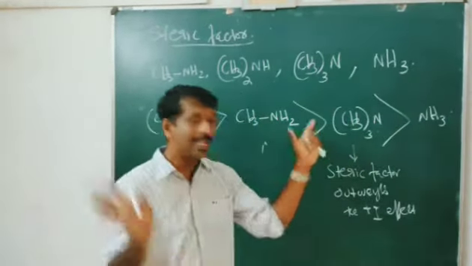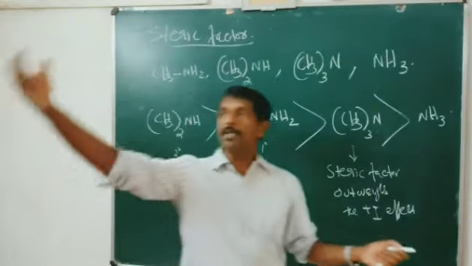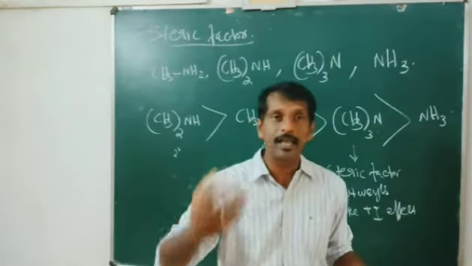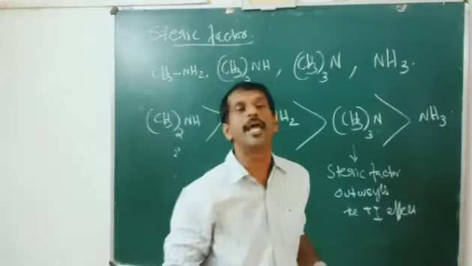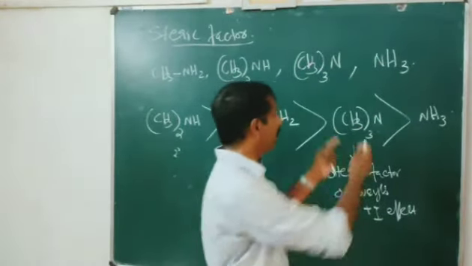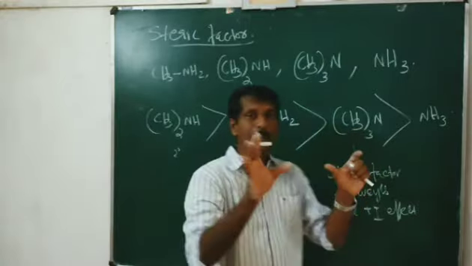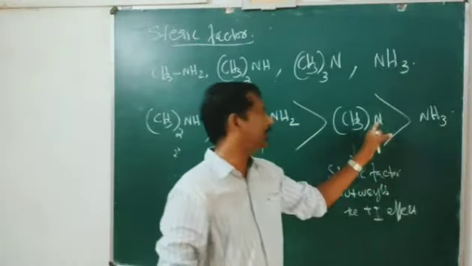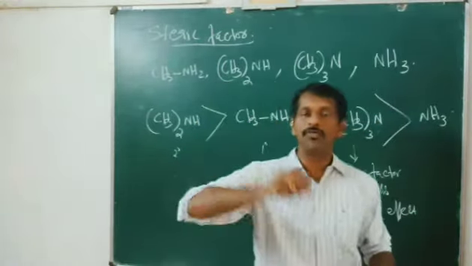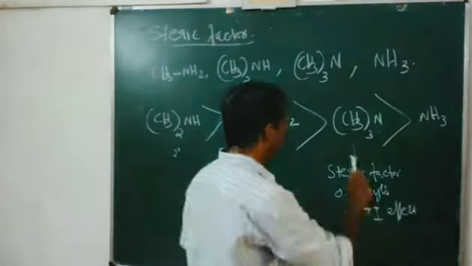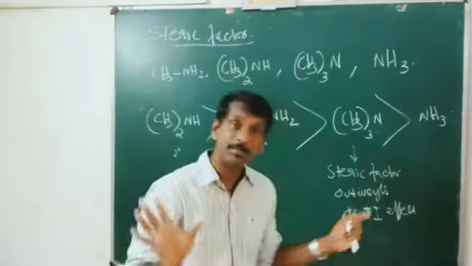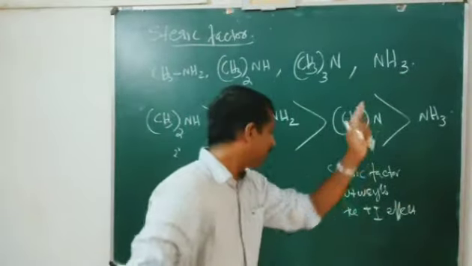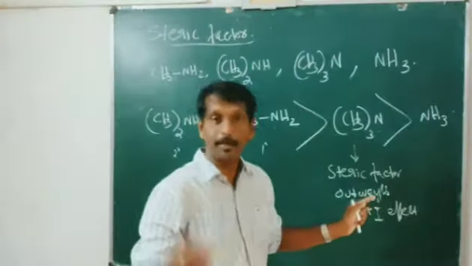Since there are 3 alkyl groups, it is very difficult for the incoming proton to attack the nitrogen. Due to the presence of bulky alkyl groups on the nitrogen atom, the acceptance of a proton is difficult. That means the steric factor outweighs the plus I effect, even though the plus I effect is there.